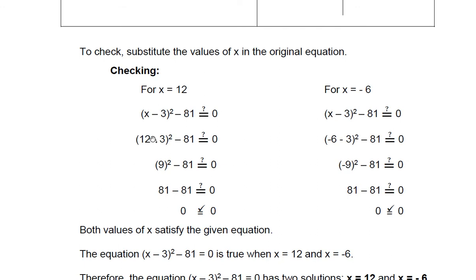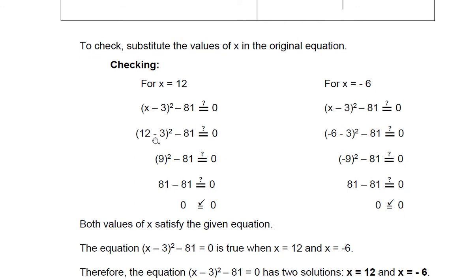So we have (12 minus 3) raised to power 2 minus 81 equals 0. So 12 minus 3, that is 9. 9 squared, that is 81. You just copy minus 81 and still this is correct. And on this side, still the value is correct.